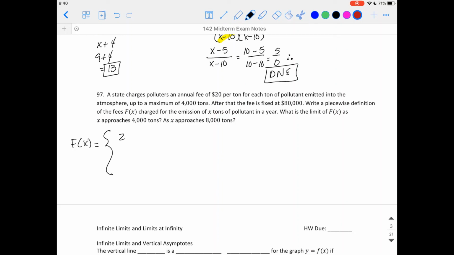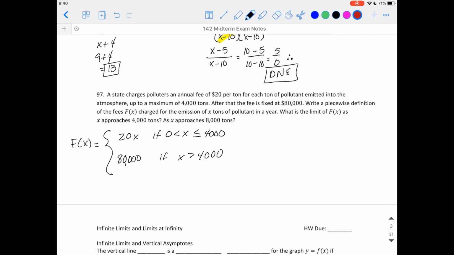So this is going to be 20x if x is up to a maximum of 4,000, so less than or equal to 4,000. And in the real world, it has to be greater than 0. After that, the fee is fixed at 80,000, so it's going to be 80,000 if x is greater than 4,000. So there's the piecewise function.